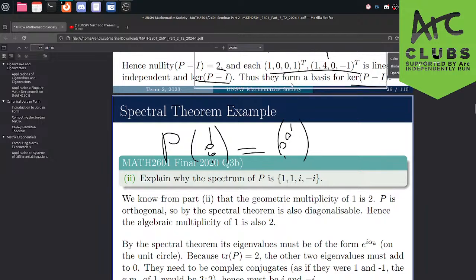So that's another way to solve this part, but that also allows you to say that there are two eigenvectors which span the kernel.